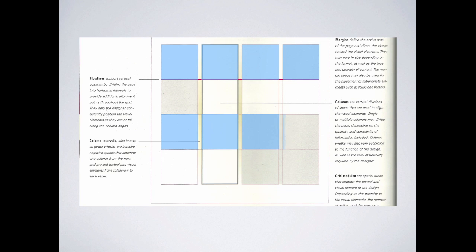Right? So I'm not going to go through and highlight every one of these because it would end up looking like just columns. Right? But it's the same thing whether it's up here, this blue square, or whether it's this white square. Each of those, separated by margin, column interval, flow line, and flow line, gives us a grid module.